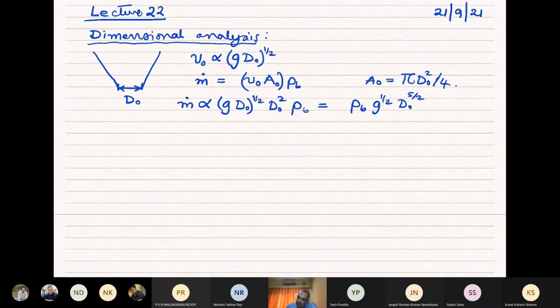So if this is the case, then if I plot mass flow rate raised to the power of 2 by 5 versus d0, I should get a straight line.